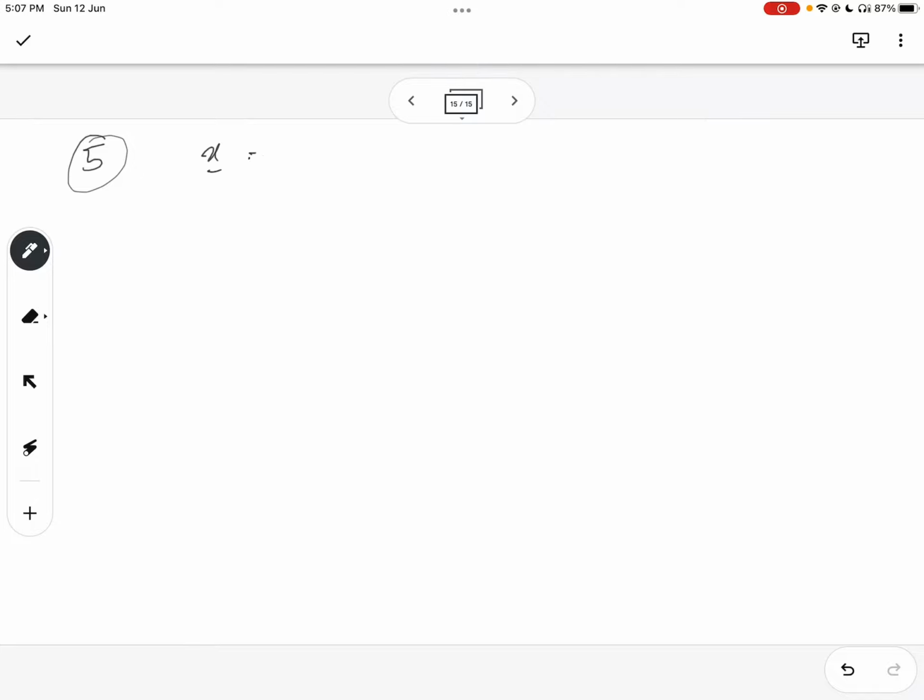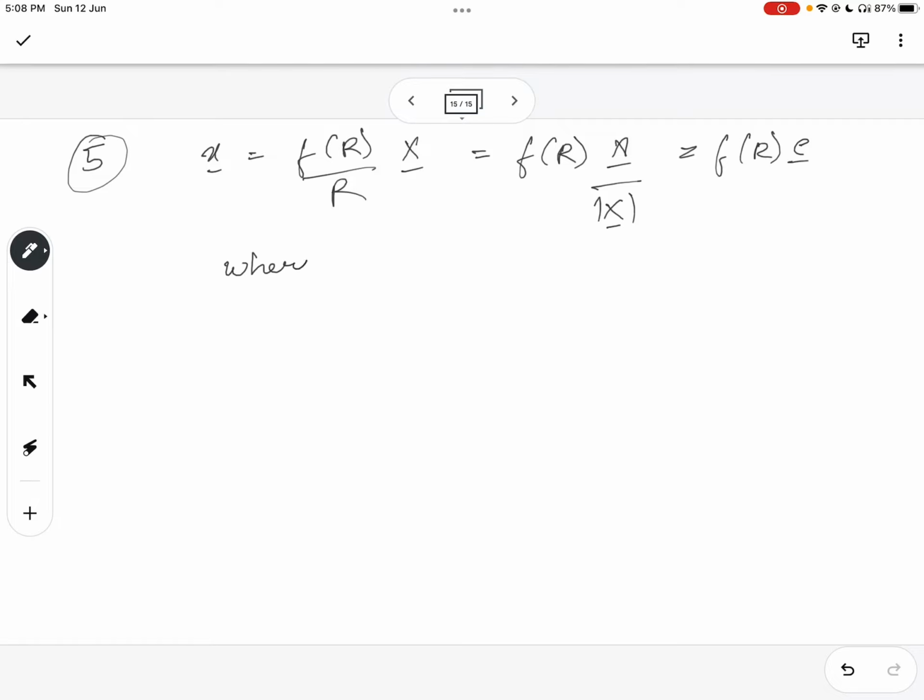So x is given as f(r) by r times capital X, which is f(r) times X by mod X, which is f(r) times e, where e is the set of all unit vectors.